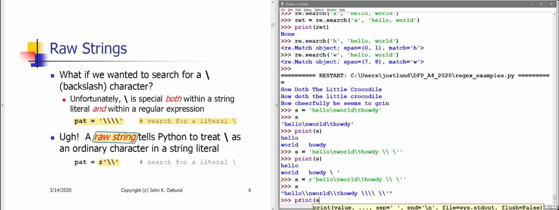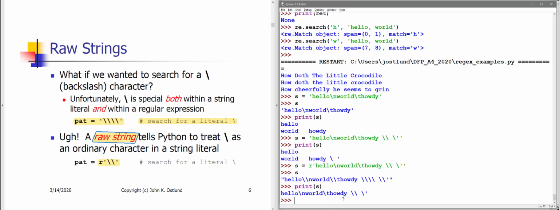But if I print s, what I get out is a literal backslash and an n rather than a new line character, a literal backslash and a t rather than a tab character, then 2 literal backslashes and a literal backslash and a quote.